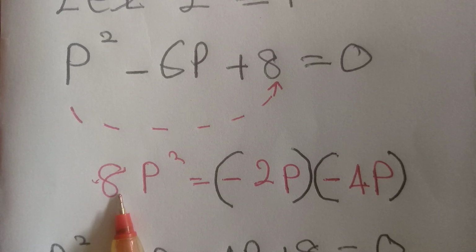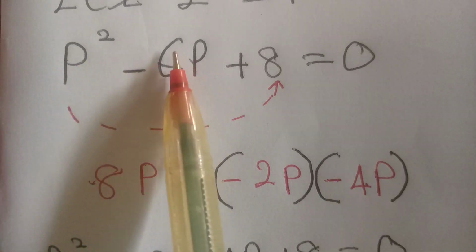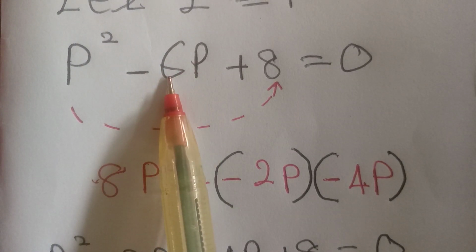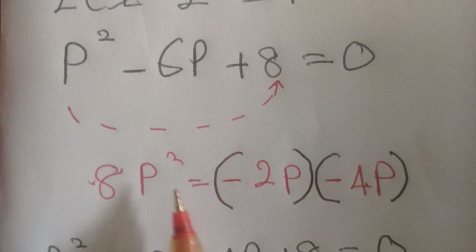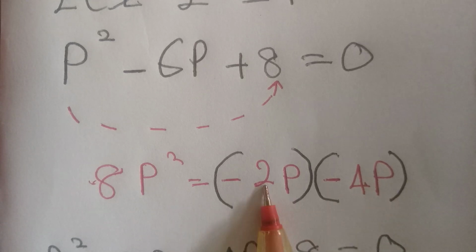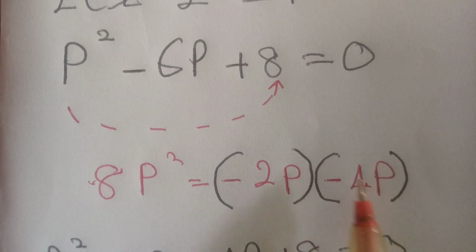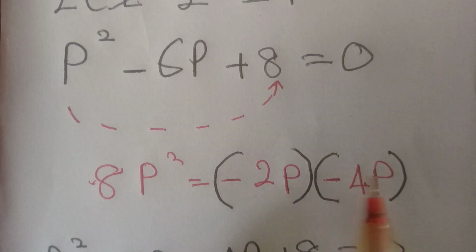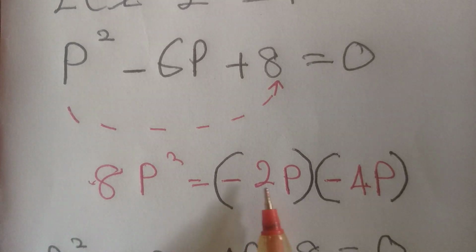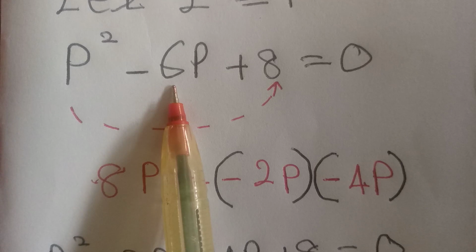Two numbers that will multiply to give you 8p squared, such that when you sum them, you will get this middle term, or the coefficient of p, which is minus 6. Remember, the factors of 8p squared will be 2p and 4p. If you multiply 2 by 4, you will get 8. You multiply p by p, you get p squared. So if you multiply these two factors, you're coming back to 8p squared. Then if you sum minus 2p and minus 4p, you will get this middle term.